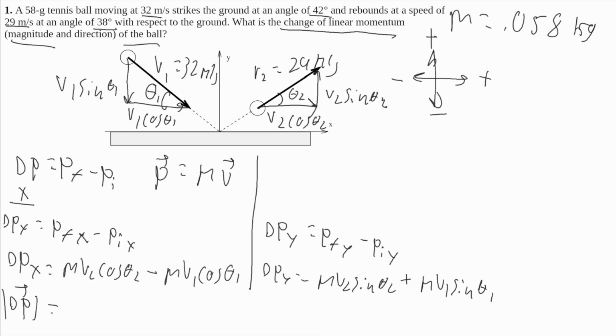So I'll say delta p, the magnitude, delta p is going to be delta p in the x squared plus delta p in the y squared. So I'll write this whole thing squared.